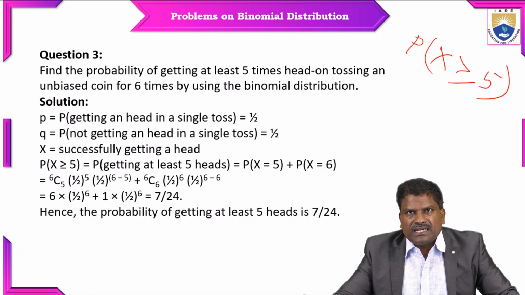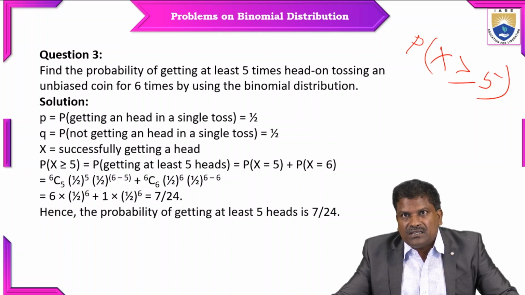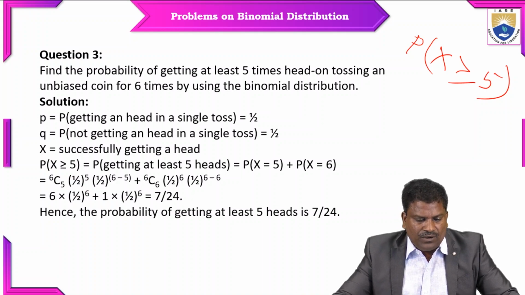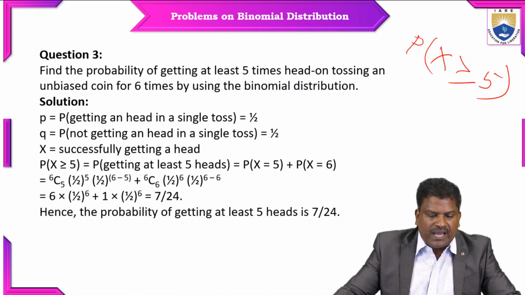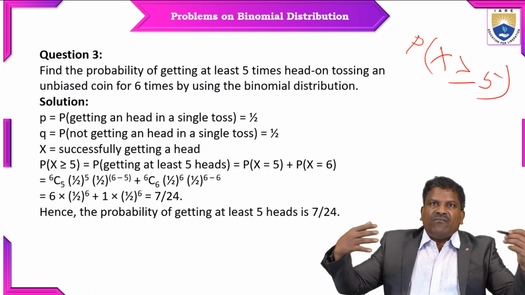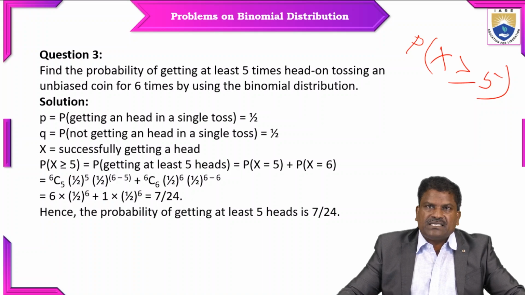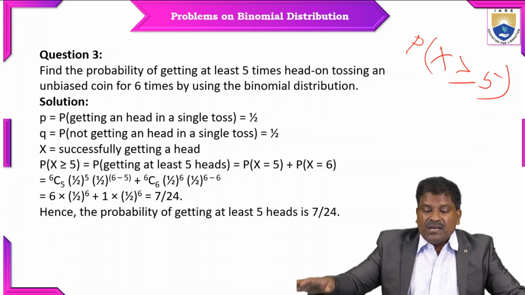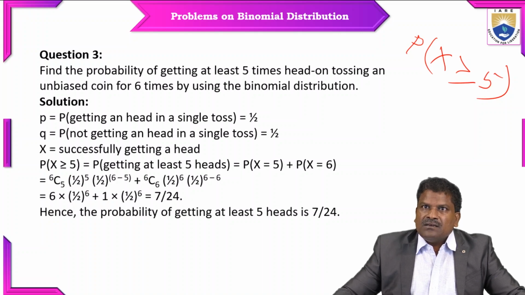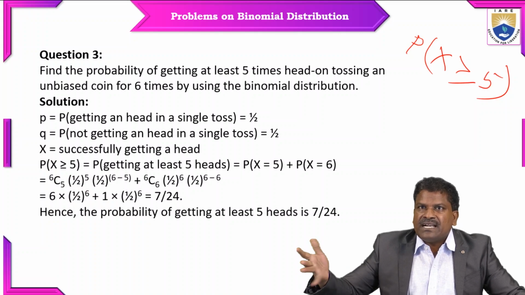At least means that number should be there, and beyond that also we have to go. So P of X greater than or equal to 5 is the probability of getting at least 5 heads, which means P of X is equal to 5 plus P of X is equal to 6. P of X is equal to 7 is not there.